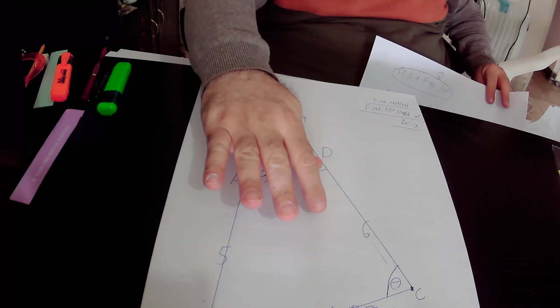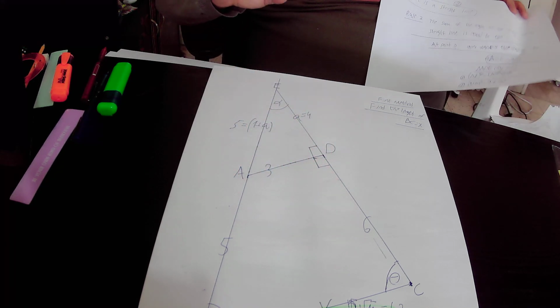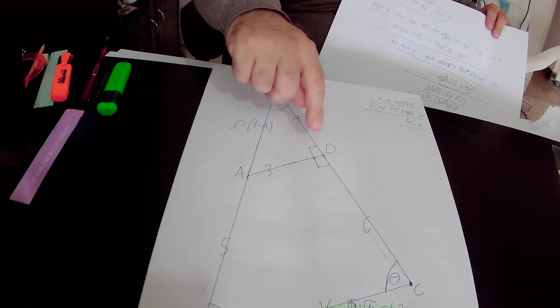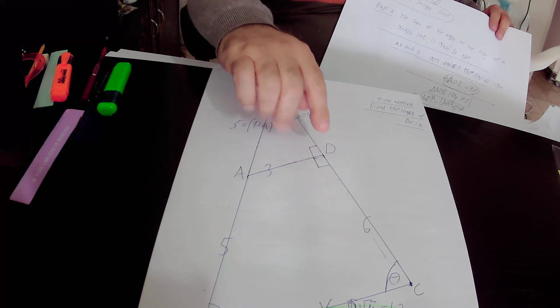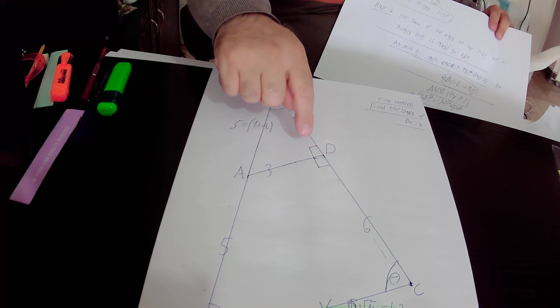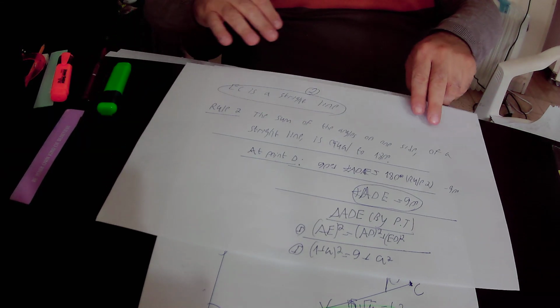So which angles do we have at this side of the straight line EC at point D? We have here 90 degrees, and we also have angle ADE. In total, the sum of those two angles must be equal to 180 degrees.